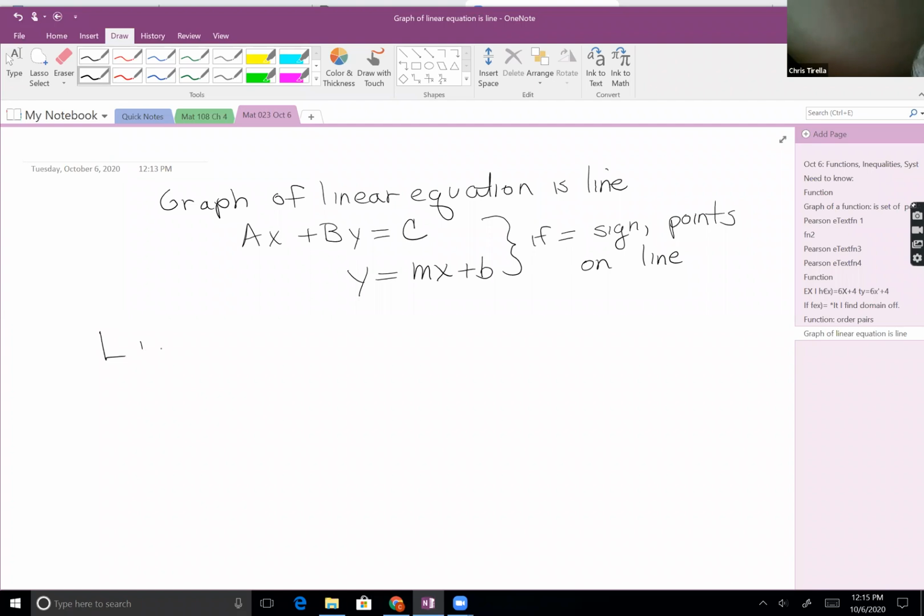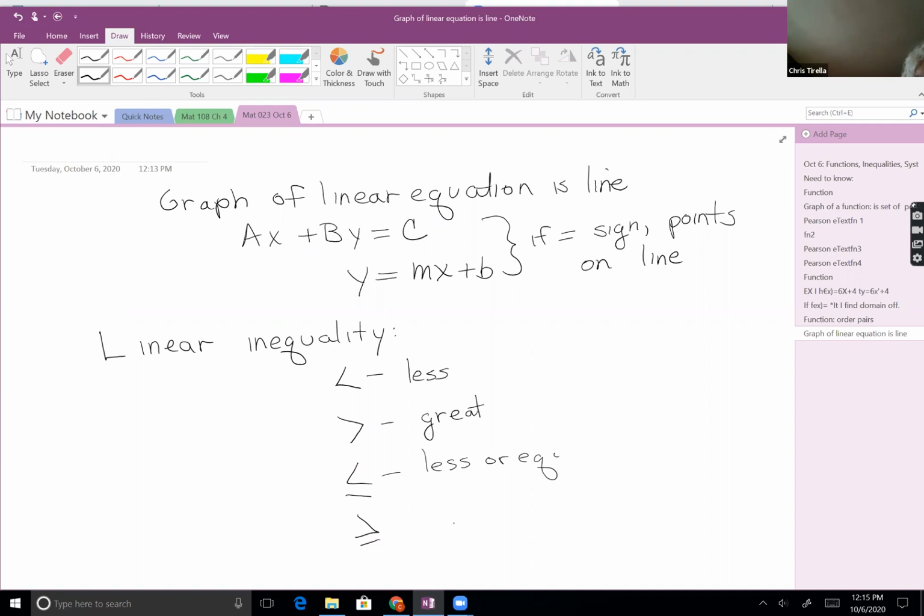If I have a linear inequality, instead of having an equal sign, I'm going to have one of these symbols that we looked at previously. This first one is less than. The second one is greater than. This one is less than or equal to. This one is greater or equal to.